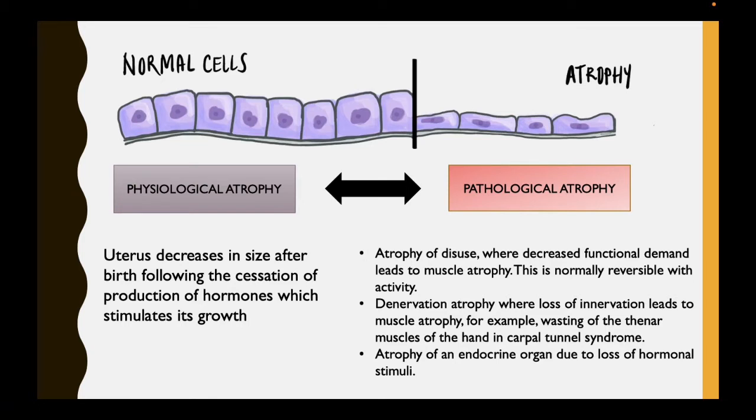And numerical atrophy, in fact, is a decrease in the number of cells, not the size of the cells but the number of cells, and this happens through mechanisms of apoptosis, which we'll discuss in the coming slides.